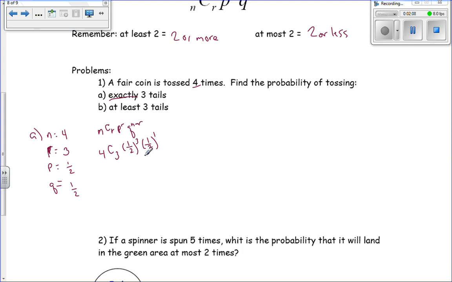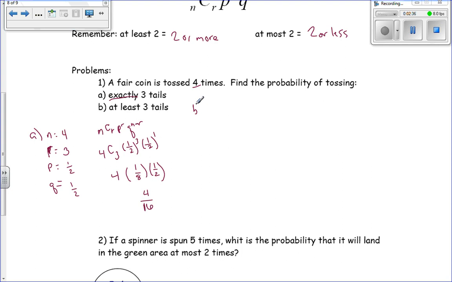Remember my exponents, and then keep that at 4. So, figure this out. 4C3 on the calculator is 4. 1/2 cubed is 1/8. 1/2 to the first is 1/2. So, my total when I multiply is 4/16. Remember, don't reduce them.